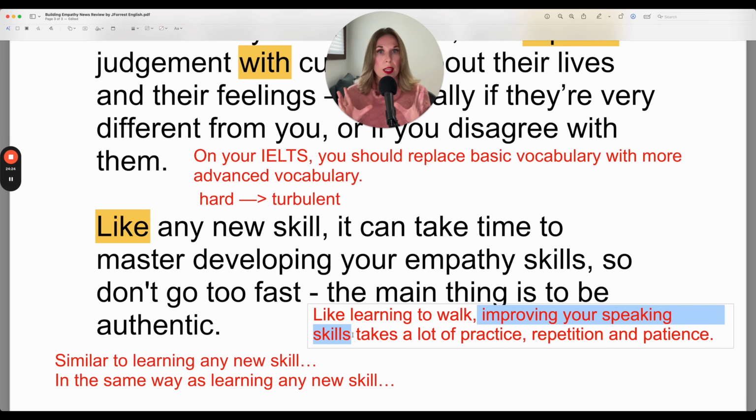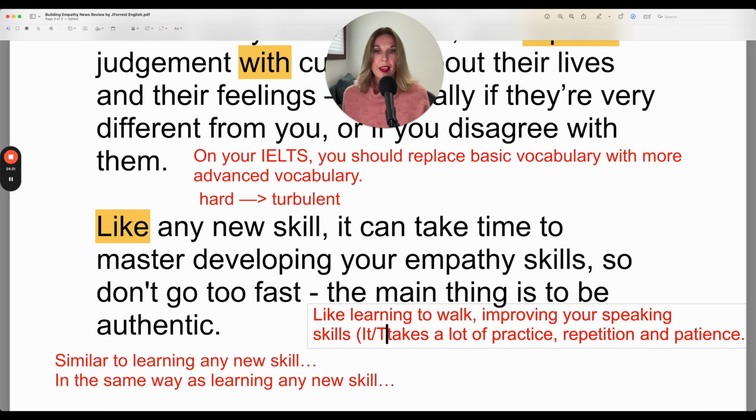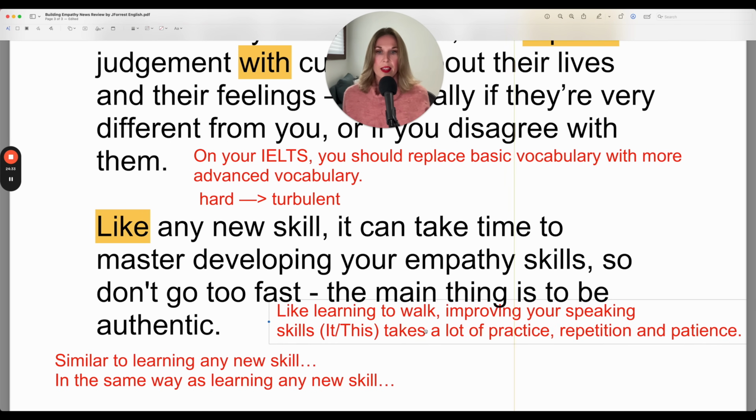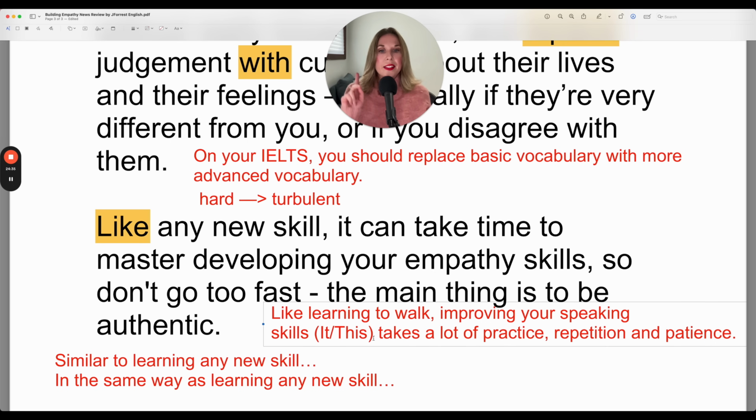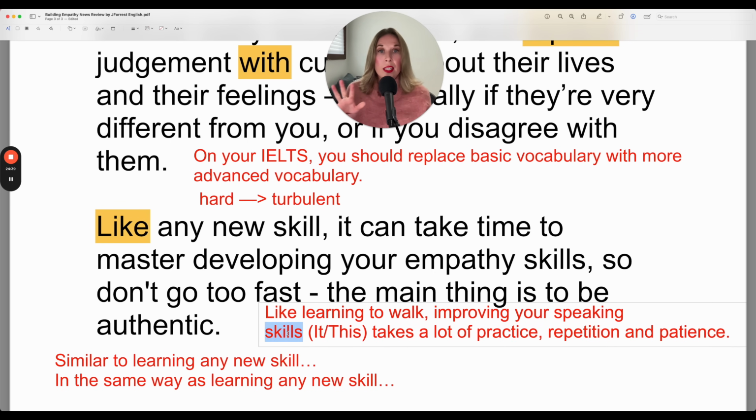So gerund statements are conjugated as third person singular. You can think of it as it or this. This takes, it takes, which is why you add that S, even though the last thing you see was plural. That doesn't matter because it's conjugated as a gerund statement.